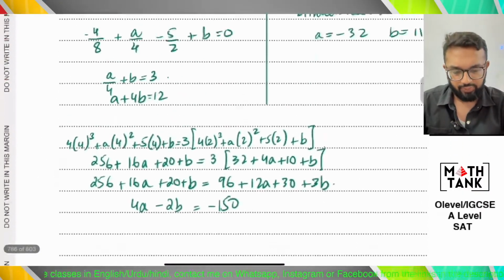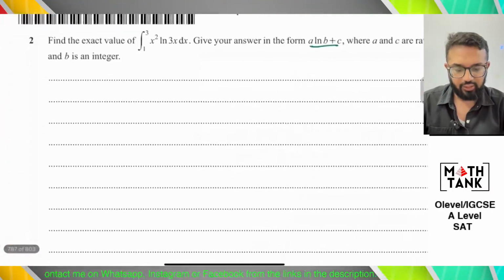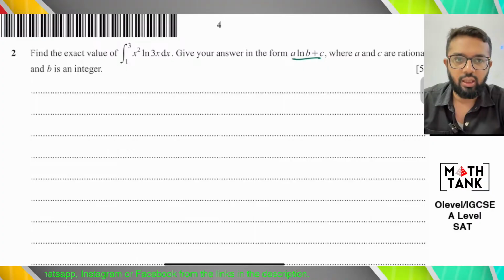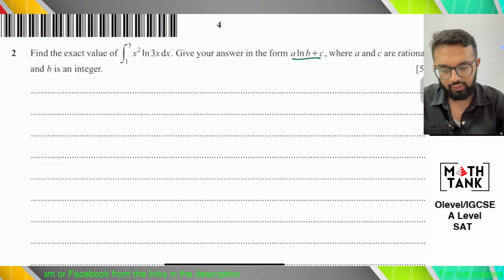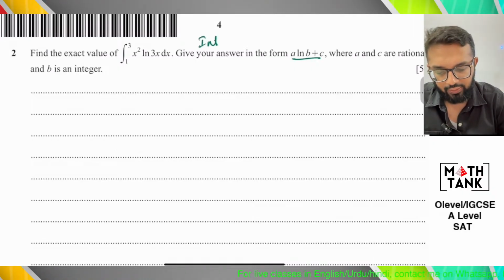Okay, that was the previous question. I think I was slightly paused. Okay, then we have the next question that says find the exact value of this. This is integration by parts.